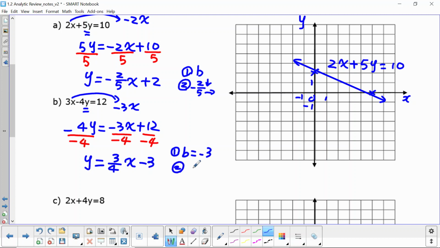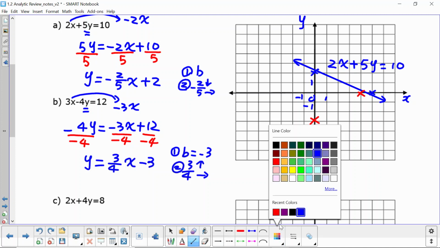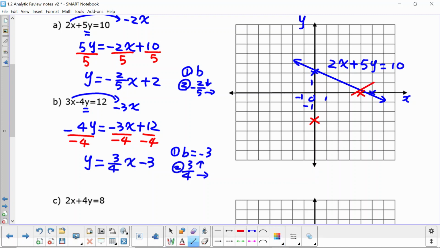Then use the slope to find another point. So negative 3 is here. Then up 3, right 4 is here. Then use your ruler to graph the line. Make sure to put arrows at both ends. Then label it using the equation. Then it's done. Check your answer to see if you got it right.